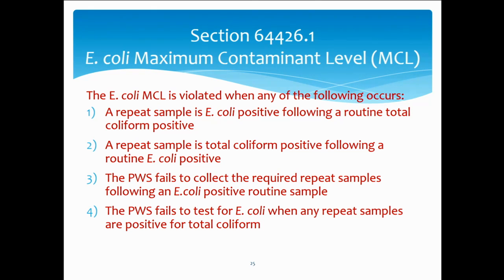So if you have a repeat E. coli positive after a total coliform positive, that's an E. coli MCL. If you have a repeat total coliform positive after a routine E. coli positive, that's an MCL violation. If you get an E. coli positive routine sample and you don't take your repeat samples, that's an MCL violation.